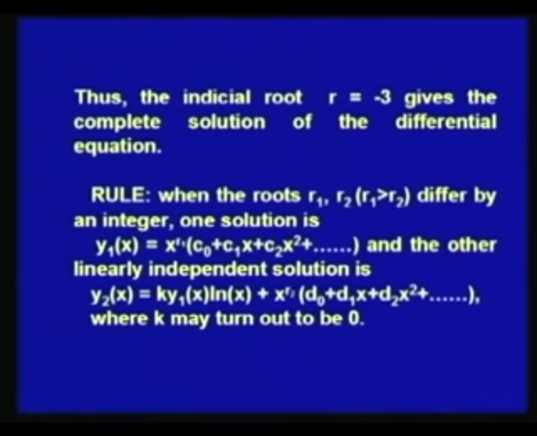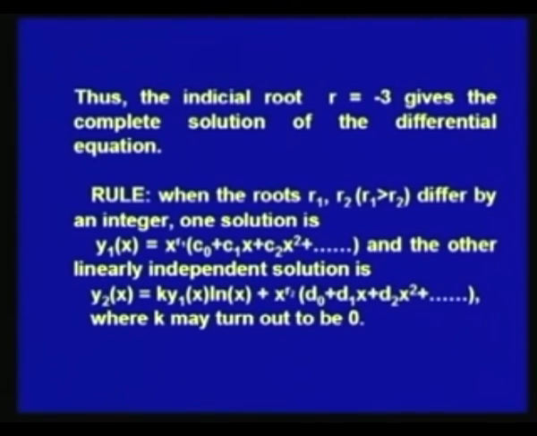So in that case k was equal to 0, while in type 2 we had dealt with two cases. In the first case we had seen that k is not equal to 0 because we had to differentiate partially the series for y(x) with respect to r. So that second solution contained the logarithmic term, and therefore k was not equal to 0.